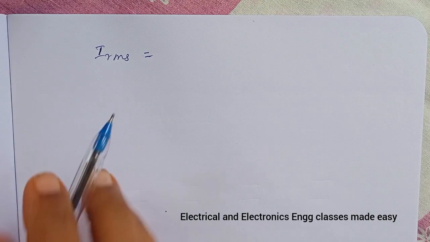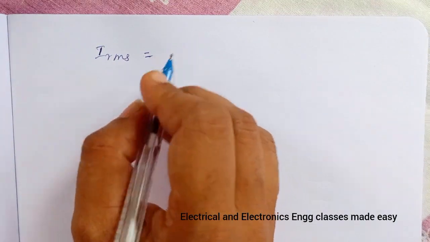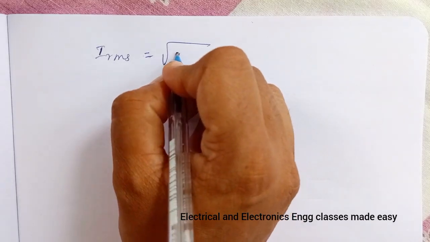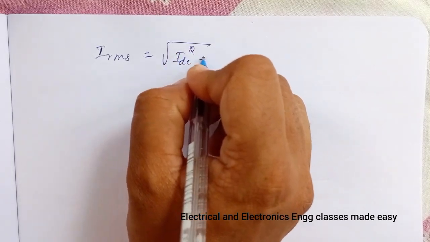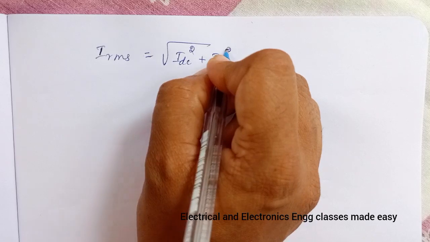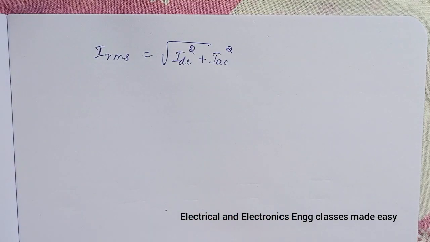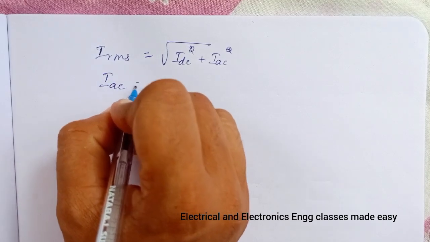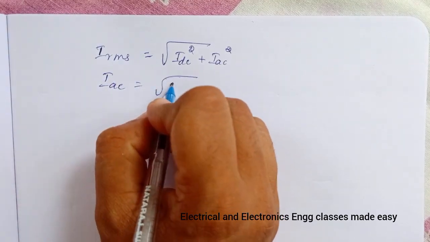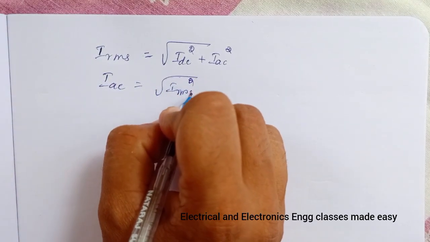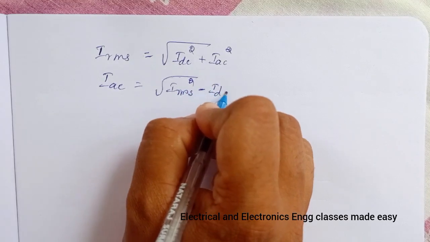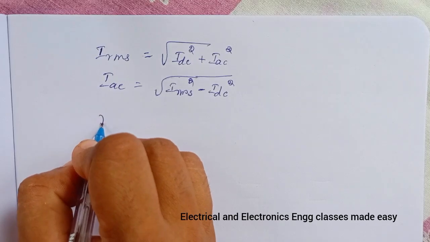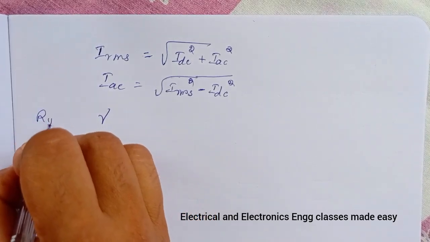So we can write the RMS value of current IRMS equal to square root of IDC square plus IAC square. From this we can write IAC is equal to square root of IRMS square minus IDC square. So the ripple factor is gamma.